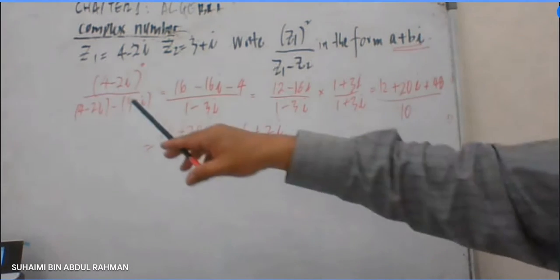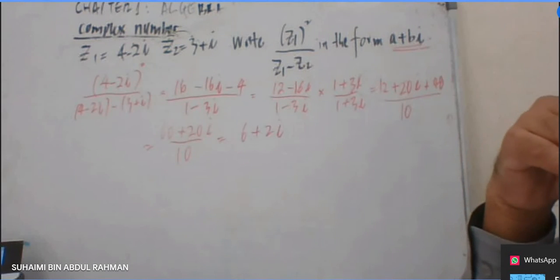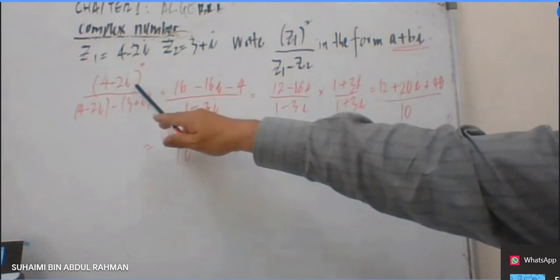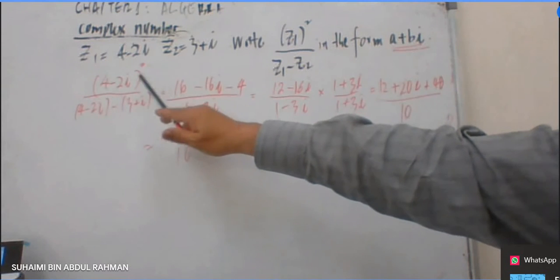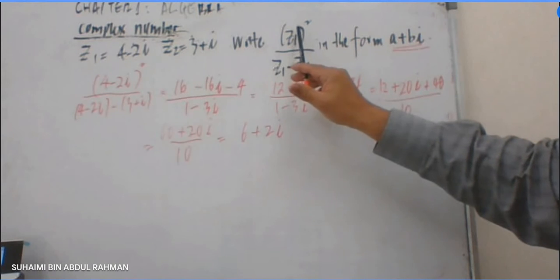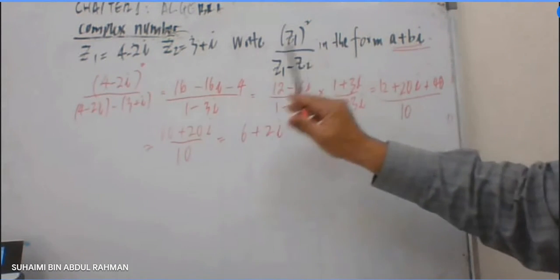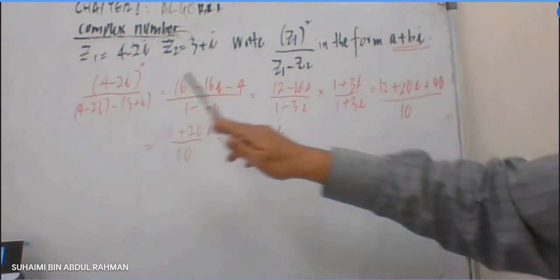So what we do is, we expand 4 minus 2i square because Z1 square. The question is Z1 square divided by Z1 minus Z2.